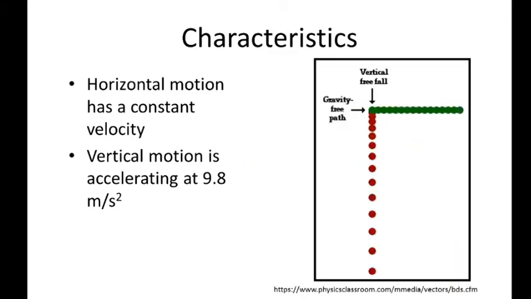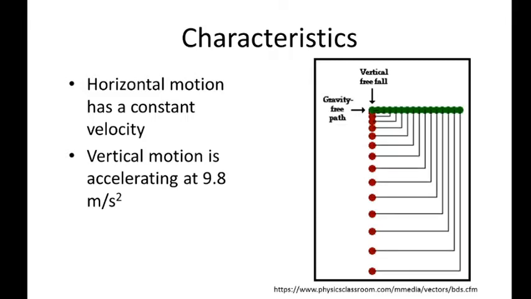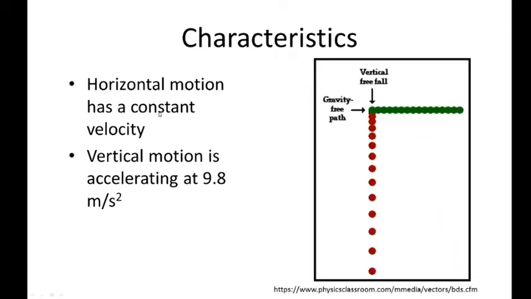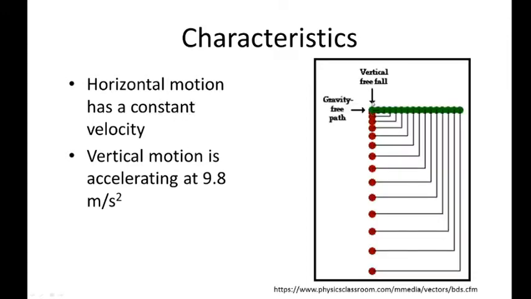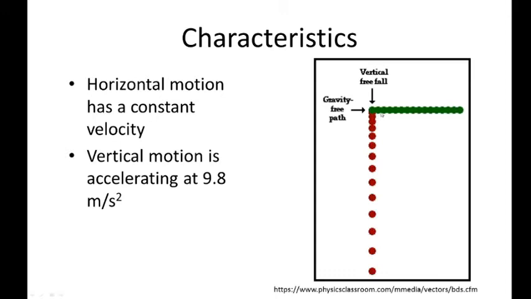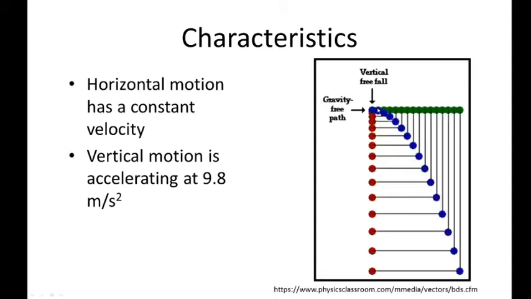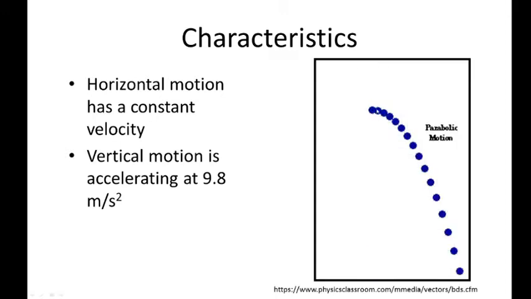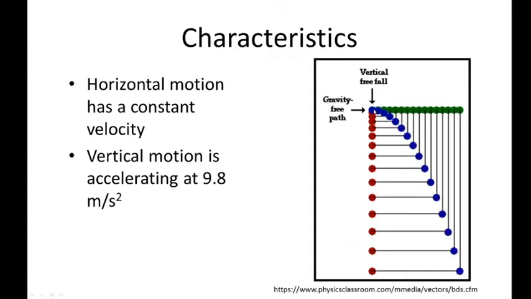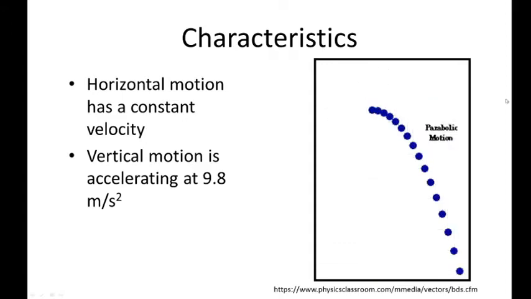So the characteristic of projectile motion is that it has horizontal motion, and that motion has a constant velocity. You could see it from the diagram on the right, that if there is no gravity, then the object, the green ball, should have moved straight to the right.